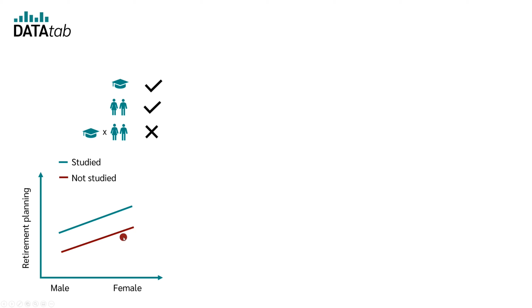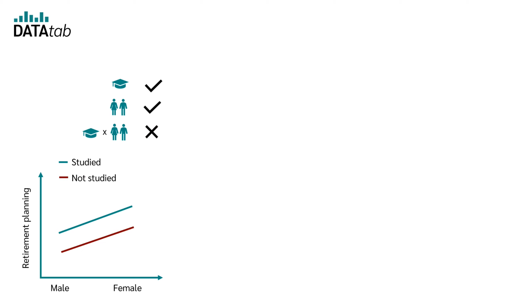Women have a higher value than men, and those who have studied have a higher value than those who have not studied. However, it can be seen that there is no interaction between the 2 factors. The influence of gender on the attitude towards retirement planning is independent of the variable whether one has studied or not.